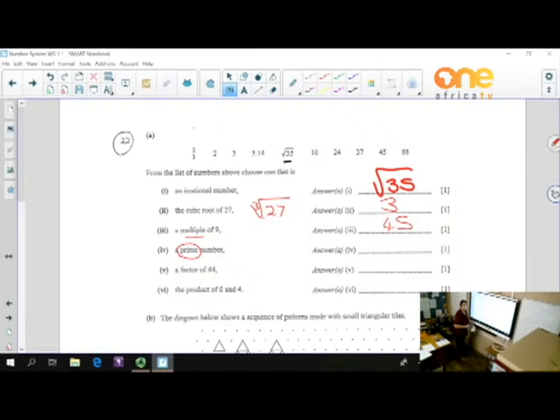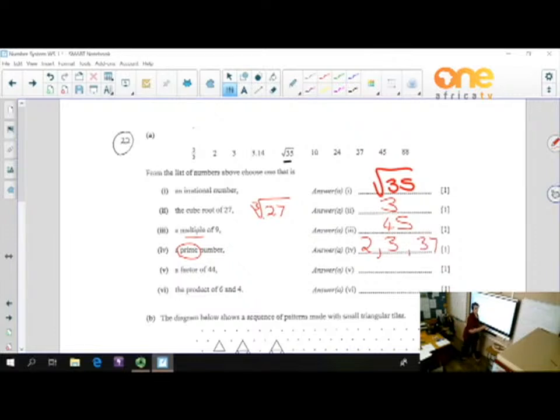So all the other prime numbers are odd numbers. We have to look at odd numbers. So now we have to look at which of these have factors. 2 and 3 are prime numbers, and then the other one would be 37.